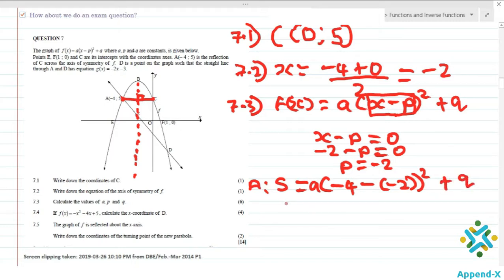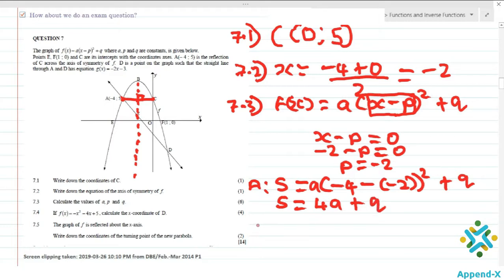Simplifying, 5 = a(-4 - (-2))² + q, and -4 - (-2) is -2, and squared we get +4. This is 5 = 4a + q.